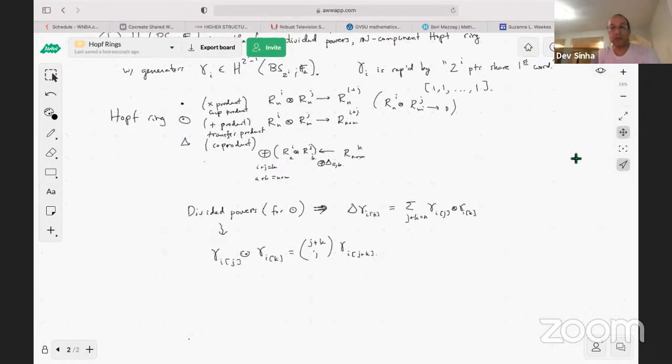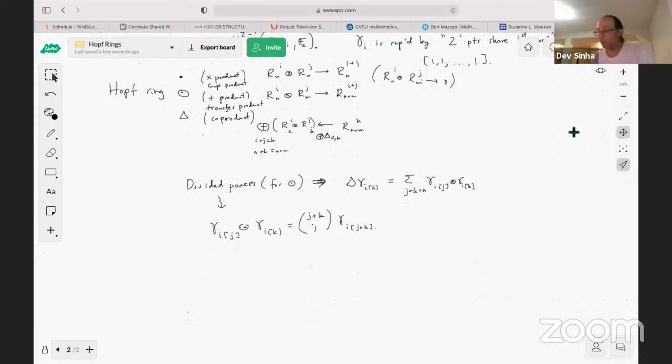Oh, let me do one other thing. We'll come back to this picture. We'll fill it in, and I think we'll use colors. So this says if you take the direct sum, we take the cohomology of BS_0, and then the cohomology of BS_2. Again, I'm going to ignore the odds.